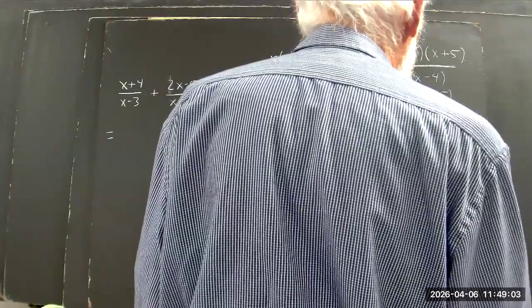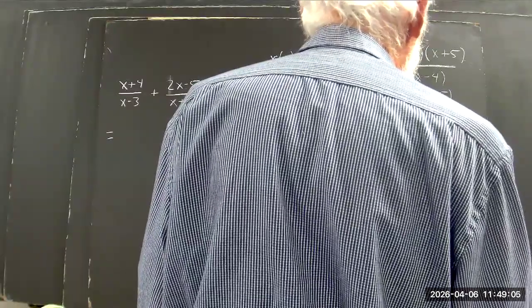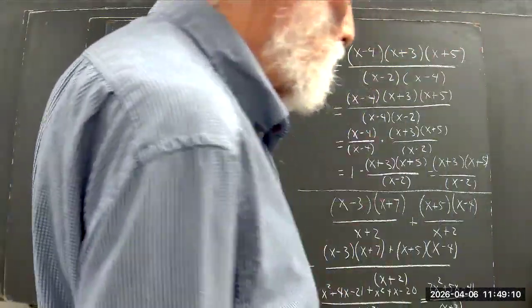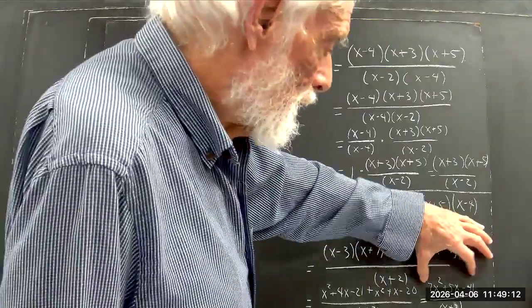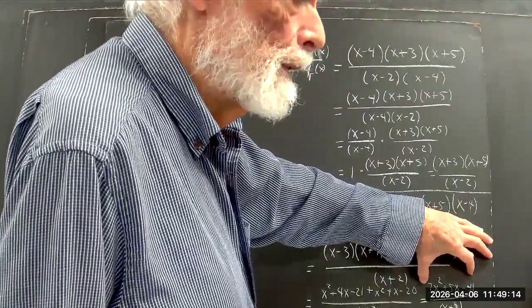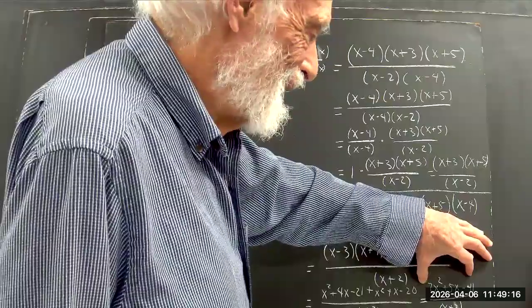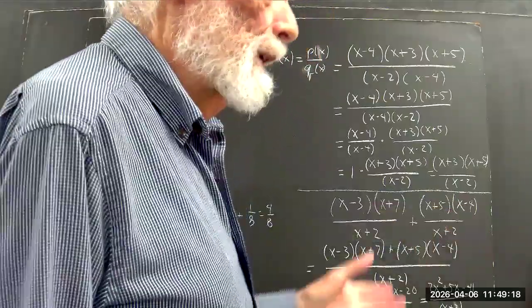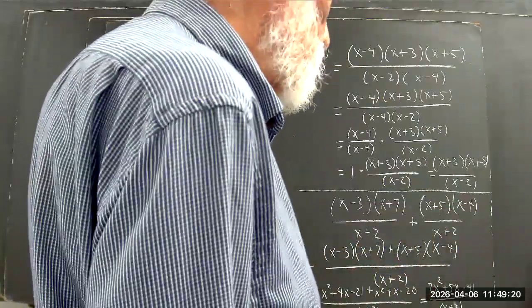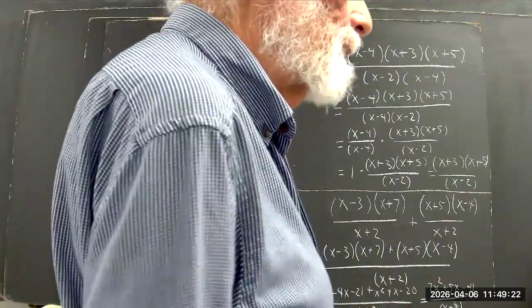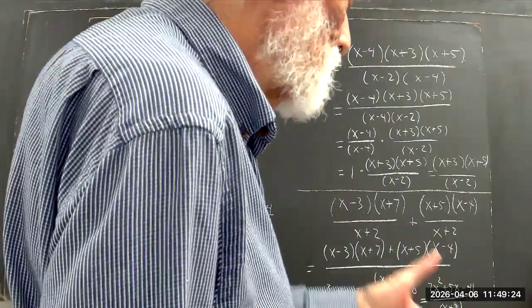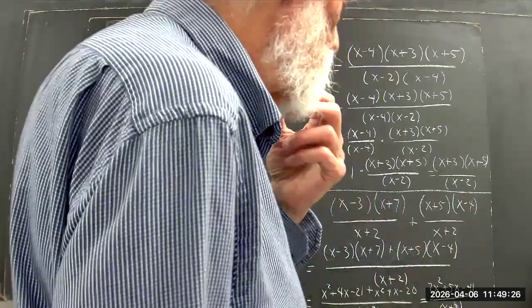That's over x plus 2. 41 is a prime number, and if you play around with it a little bit, you'll find that this numerator doesn't factor, at least not over real numbers. Now, you can use the quadratic formula and get a fairly complicated expression and express this as a product of two factors, but we're not going to worry about that.